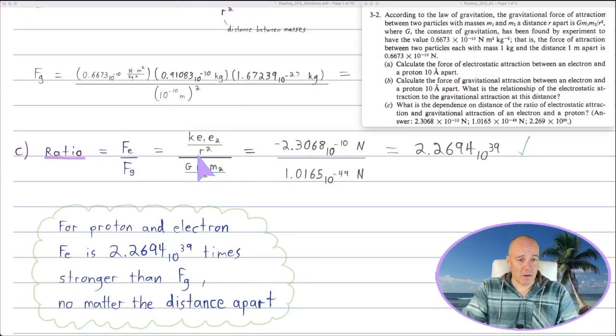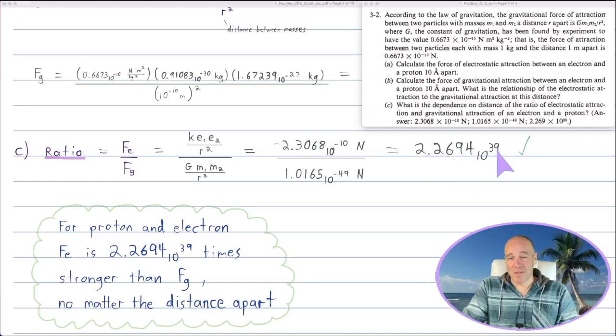And you can see that the r squareds are going to cancel. So there is no dependence on distance. The ratio is distance independent. And we know what the two forces are, so we can plug in those numbers and the newtons would cancel and you'll just be left with the number. And the number is huge.